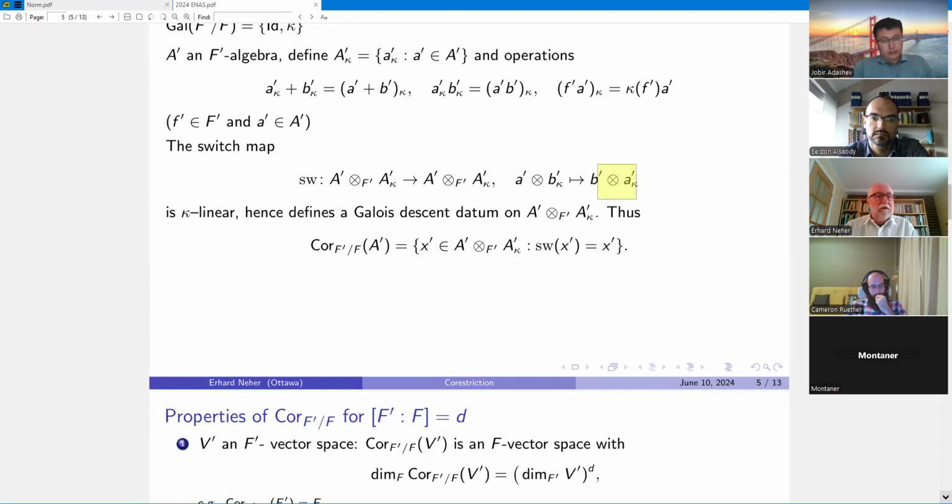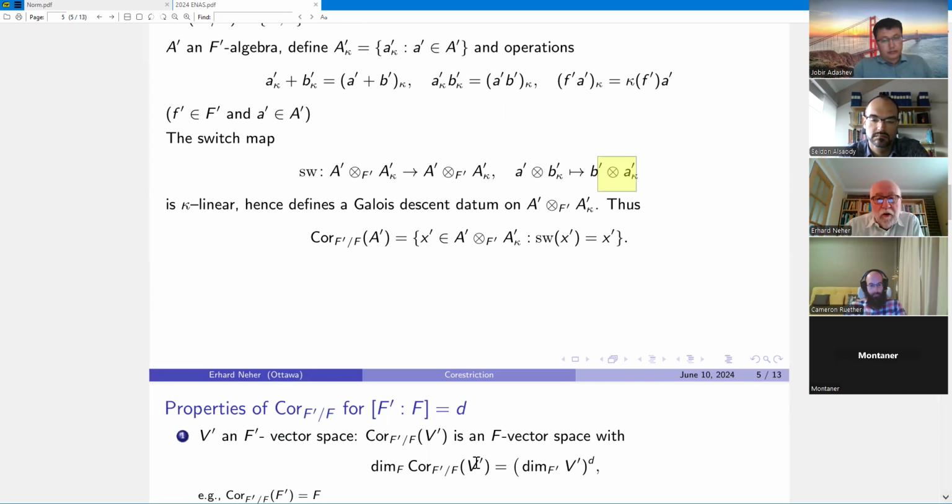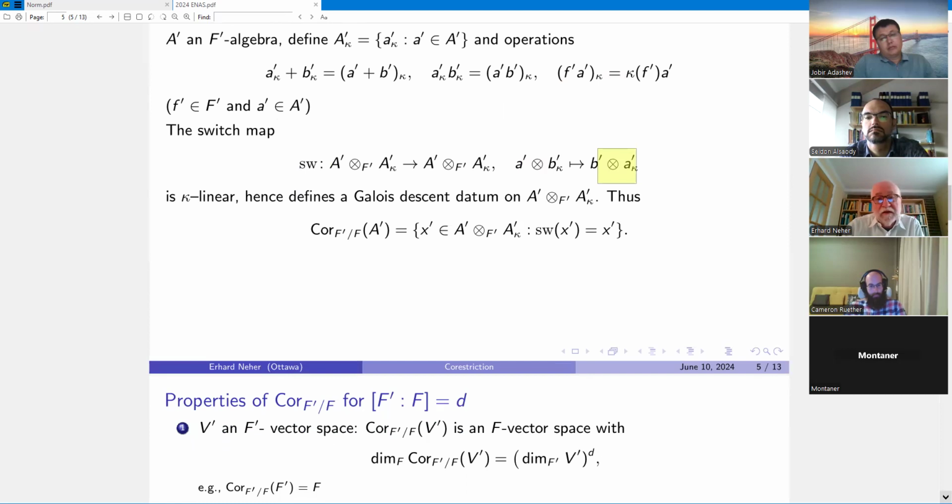First of all, if you have an F prime vector space V prime, then of course the corestriction will be an F vector space, but you can calculate its dimension, namely the dimension over F of the corestriction of this vector space is just the dimension of V prime over F prime to the power D. Right, so for example, this tells you that the corestriction of the vector space F prime is F.